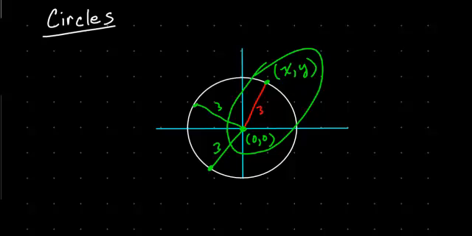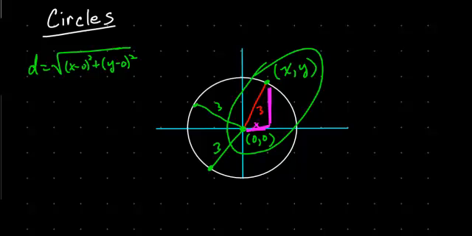Use our distance formula. The distance between those 2 points equals the square root of x minus 0 squared plus y minus 0 squared. Again, let me emphasize that that is just a simple application of the Pythagorean theorem.